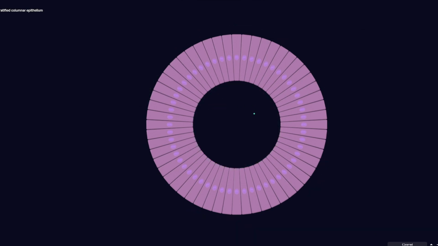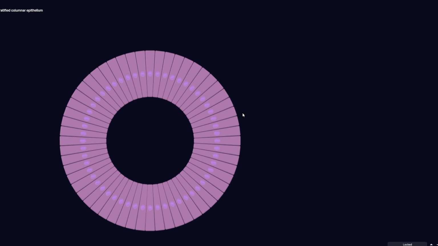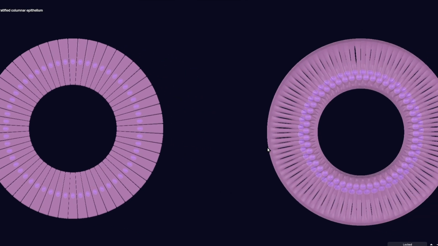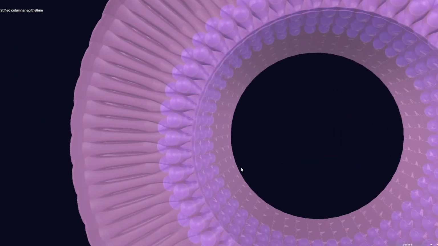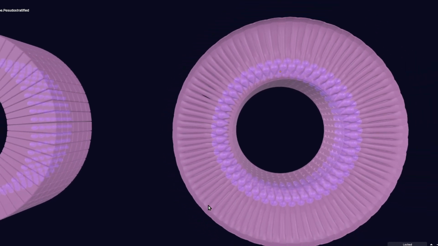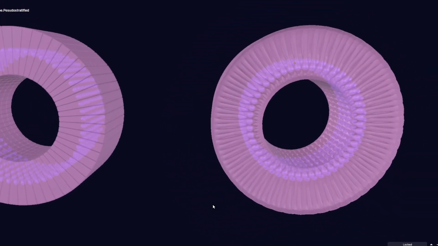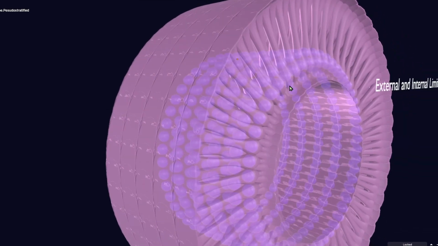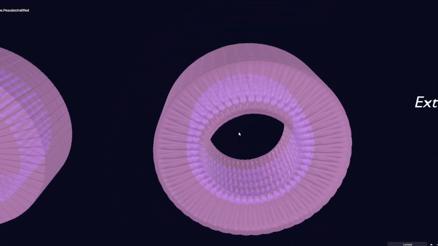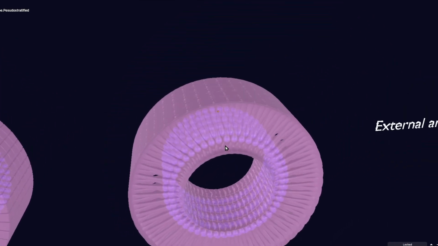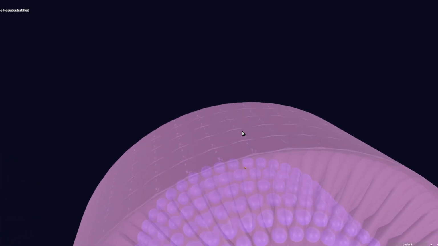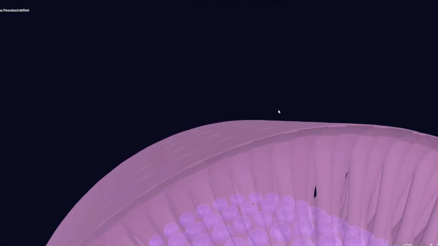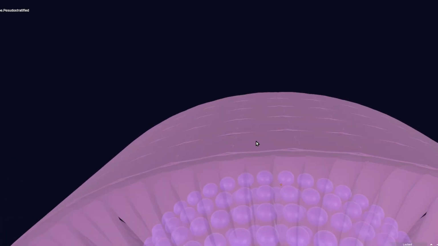So what will happen is that they will jumble up together. As they proliferate, they will jumble up together, and this simple columnar epithelium will be converted into this pseudo-stratified columnar epithelium.